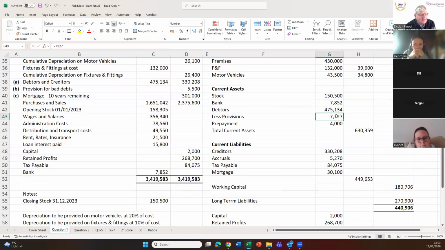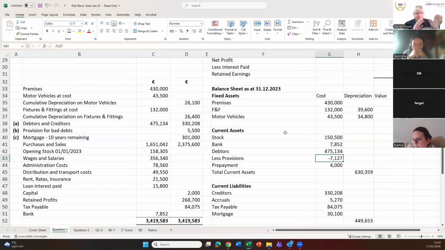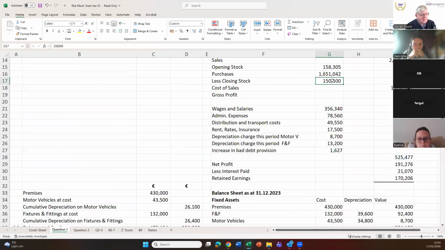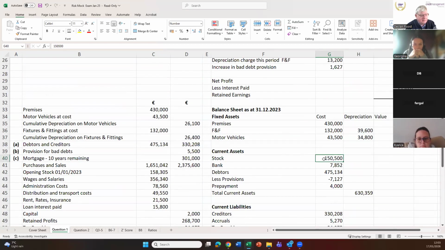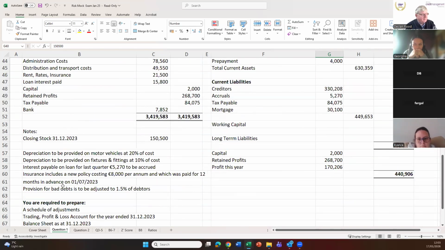Everything that you do, your adjustments go in twice, and even closing stock appears here, and your closing stock appears here. So anything that's not in the trial balance has to go into your P&L and balance sheet twice. So if it doesn't balance, just subtract one number from the other, see what your difference is, see if you missed something.